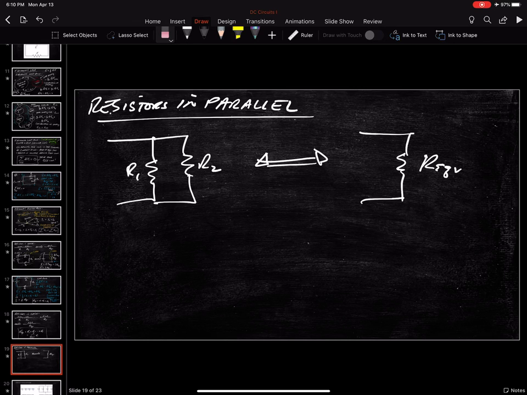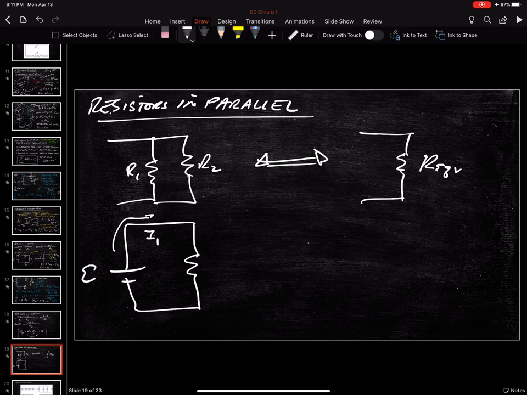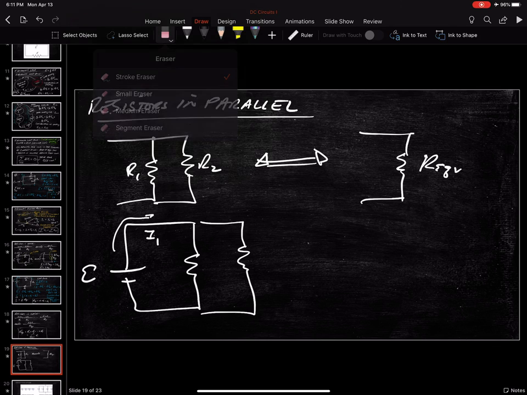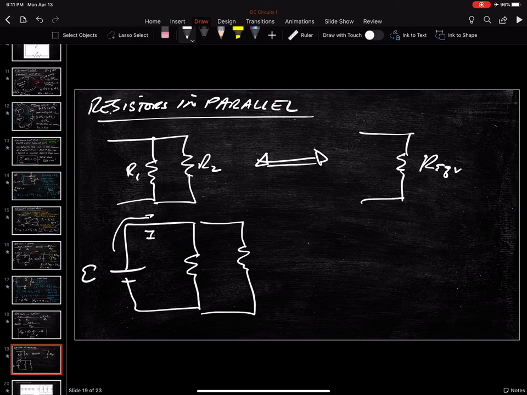So again, I'm going to draw the same sort of thing. I'm going to imagine some battery here, E, and this puts out some current, and let me call it just I. And so here's my R1 and here's my R2.